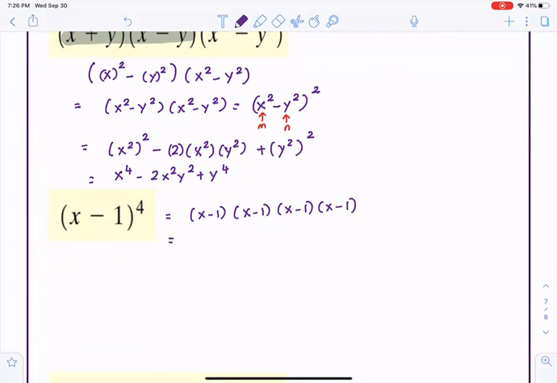We should realize that x minus 1 raised to 4, I could write it as x minus 1 squared, which is the same as saying x minus 1 squared multiplied by x minus 1 squared. They're all one and the same. But what do we know about x minus 1 squared? That is of the form m minus n squared.